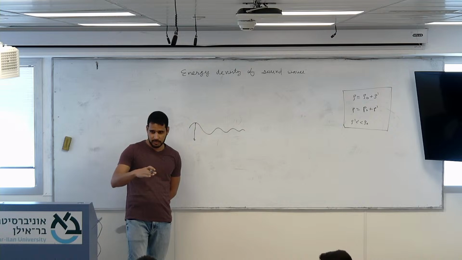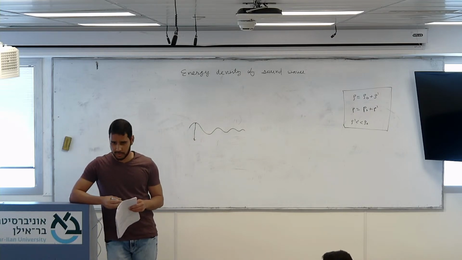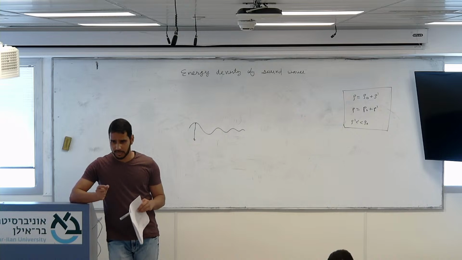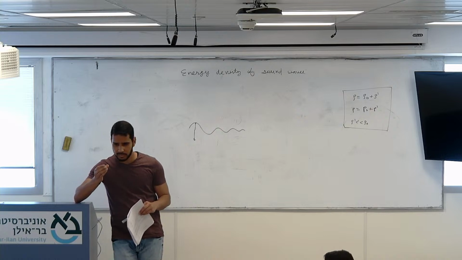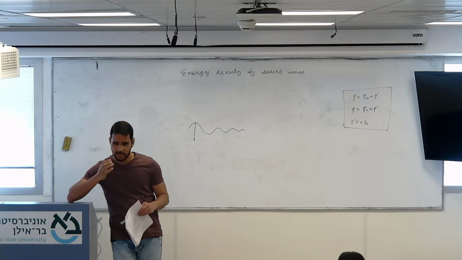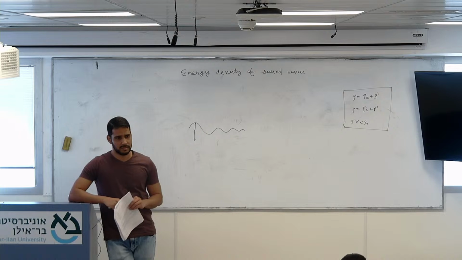No, it's the density of the air. So the density changes. When I'm speaking, a small region becomes denser, then becomes rarer. So particles are oscillating like this, and then other particles are also oscillating like this. It's pressure, right?